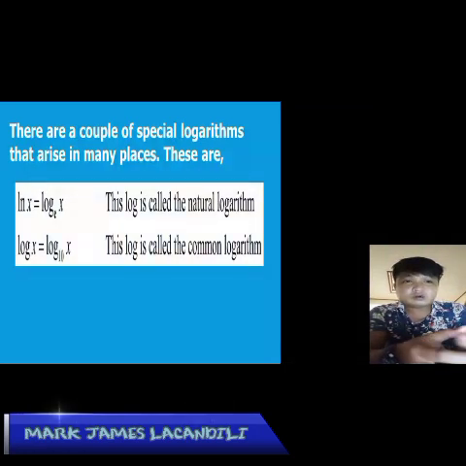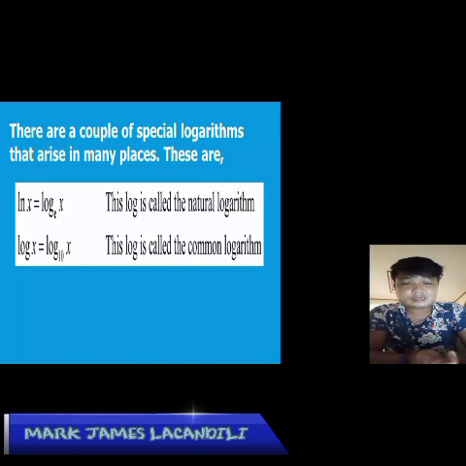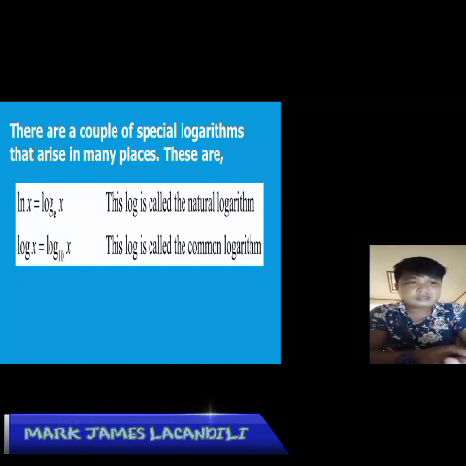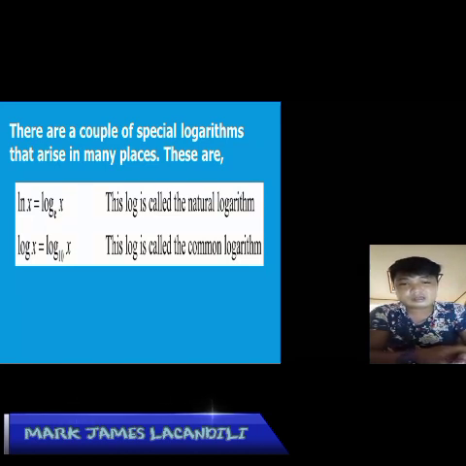There are a couple of special logarithms that arise in many places. The first is ln x equals log base e of x, and this is called the natural logarithm. The next is log x equals log base 10 of x. This log is called the common logarithm.